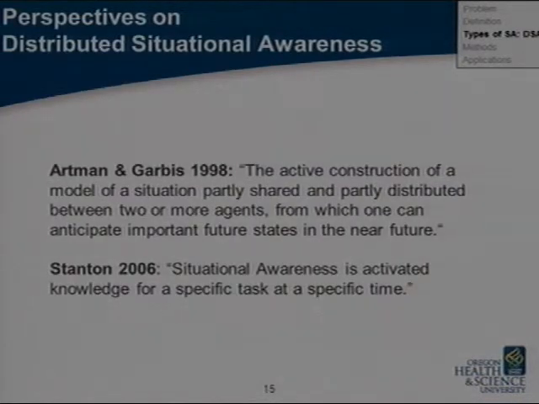Distributed situational awareness, as I've mentioned, includes the notion that artifacts can be containers or catalysts of situational awareness knowledge. A lot of this is an extension of Hutchins' work, in which he noticed that in order for a system to perform its task, it needs all the capabilities of its different agents.